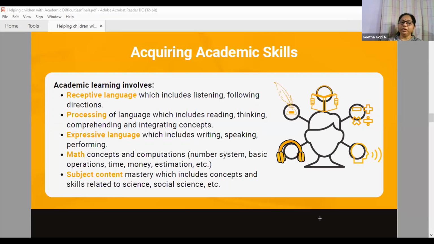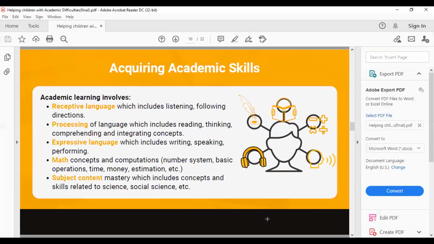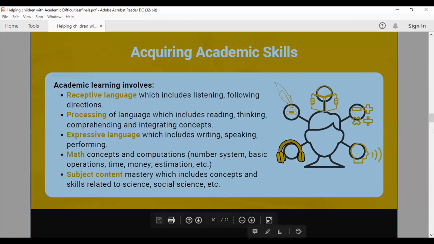So when we talk about academic learning, yes, may I interrupt you for a second? Sure. Could you switch to the full screen mode so that the slides are better viewable to all our users out there? Is it okay now? Yeah, maybe from the view menu and full screen.